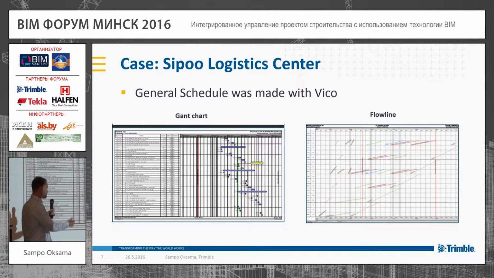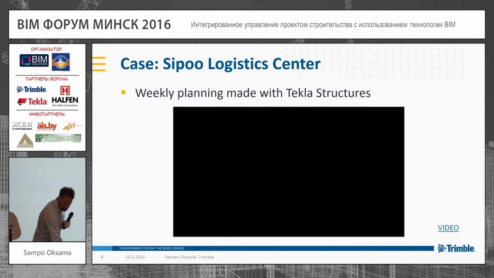Here you can see the standard Gantt chart on the left side, and then the flow line on the right side. They're actually from the same schedule. The only thing is that the view is a little bit different. I will show a video later on about the idea of the flow line and the benefit of using that. But they did the general scheduling with Vico.